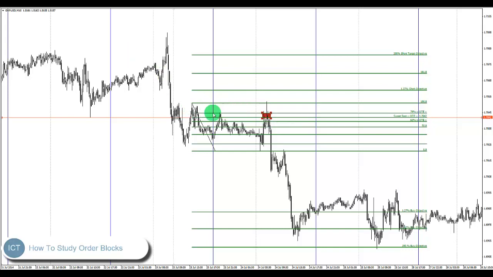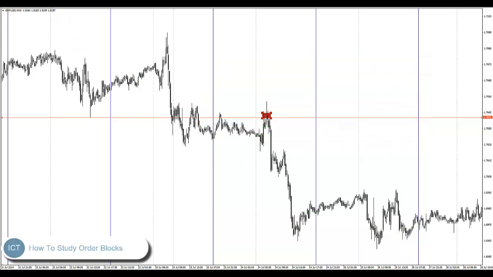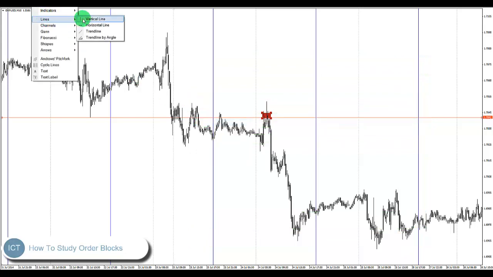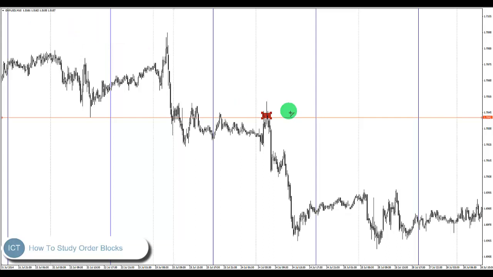Now, if your concern is, well, wouldn't I be stopped out there? No. And this is really what I want to get at too. Once you have an understanding, there's 30 pips. Right there's 30 pips.